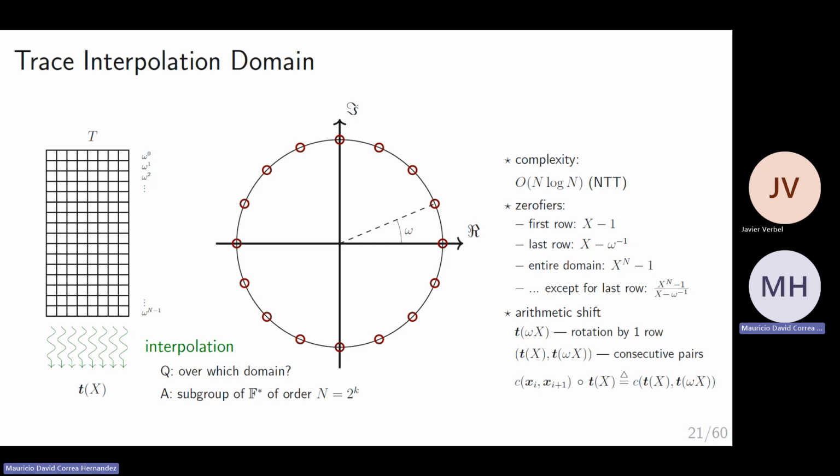If we rotate the trace polynomials, we get new polynomials that take the same values, except in the points after rotation by omega. That rotation is very simple to compute.